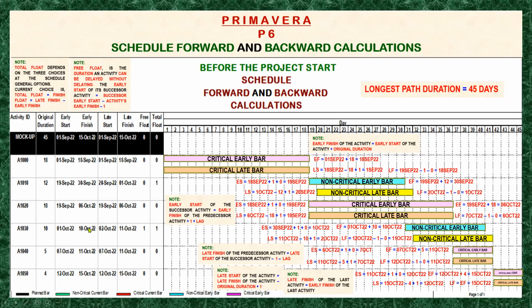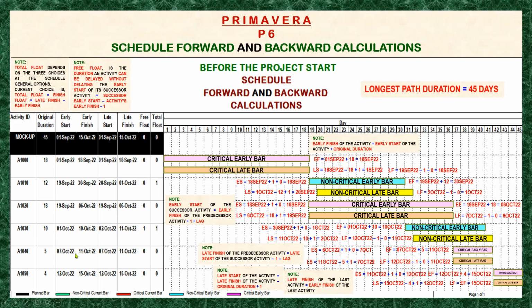That is what we call the free float, meaning the activity has a float duration before it will impact the start of its successor. This is the example: 10 of October going to 12 October.